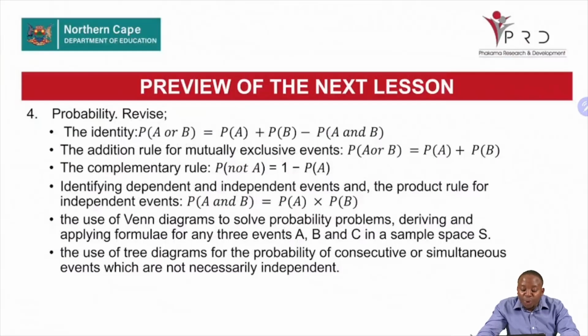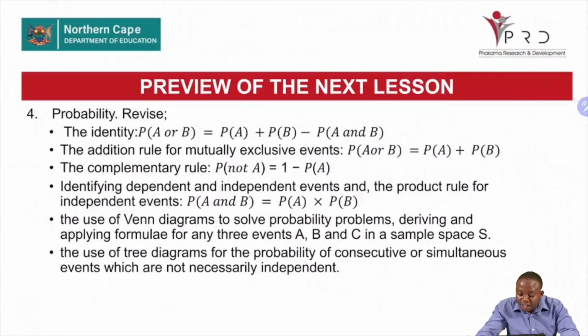This is what we'll deal with in the next lesson. Next lesson, it is probability. This is the grade 11 revision. We'll revise the addition rule, the addition rule for mutually exclusive events, the complementary rule, identify dependent and independent events, and the product rule for independent events.